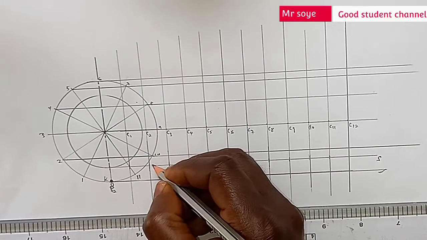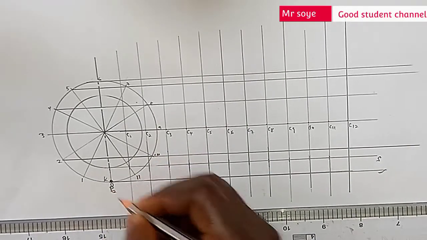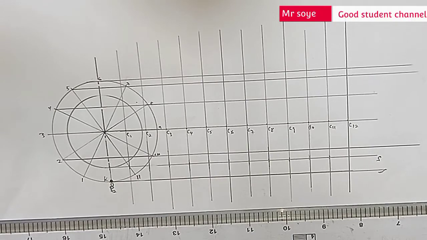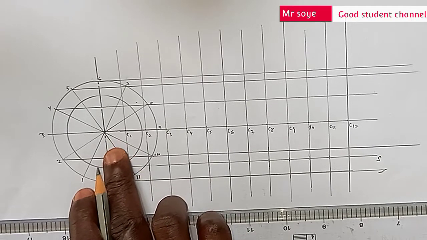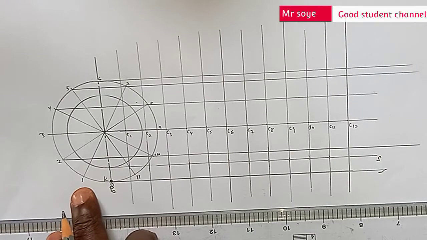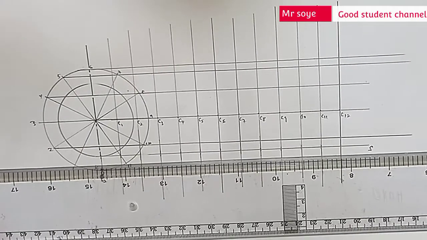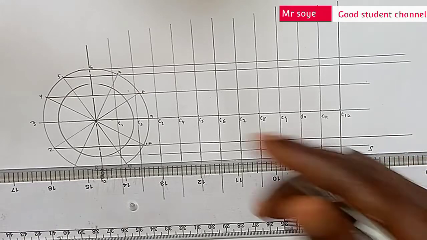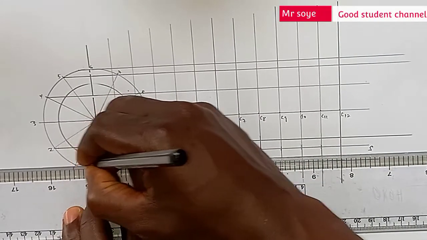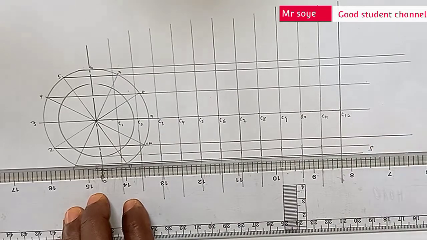This is 11. And this is 10 and 12 back here. So when we put it at center 1, we'll mark the horizontal line for 1. I haven't done that initially, so I'm doing it now.